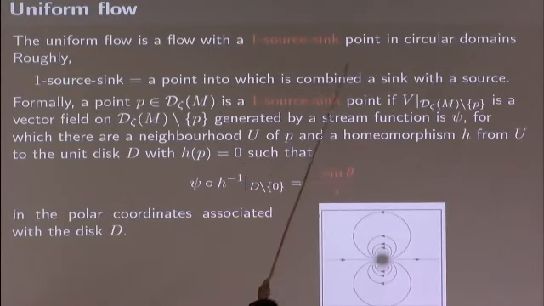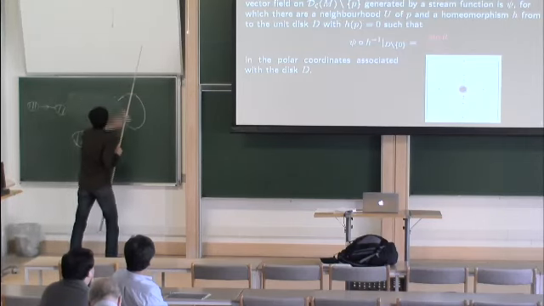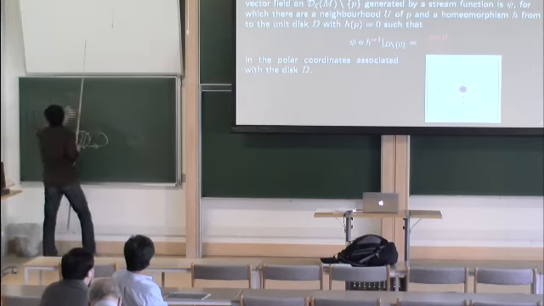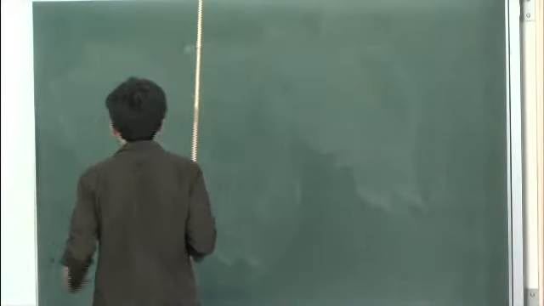And why can we consider a uniform flow as one sink-source?